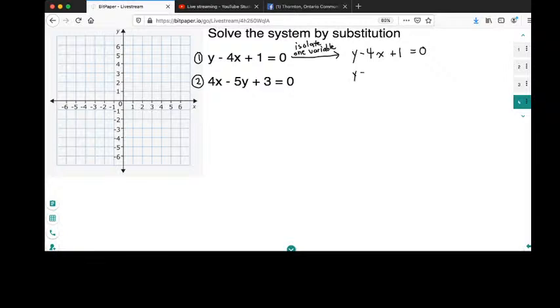It's going to be y minus 4x equals 0 minus 1, which is negative 1. And then I need to move over the negative 4x as well. So this is going to become y equals positive 4x, because it was negative on this side, and it's going to become positive on this side, minus 1, because minus 1 was already over here. And I've now isolated for y.